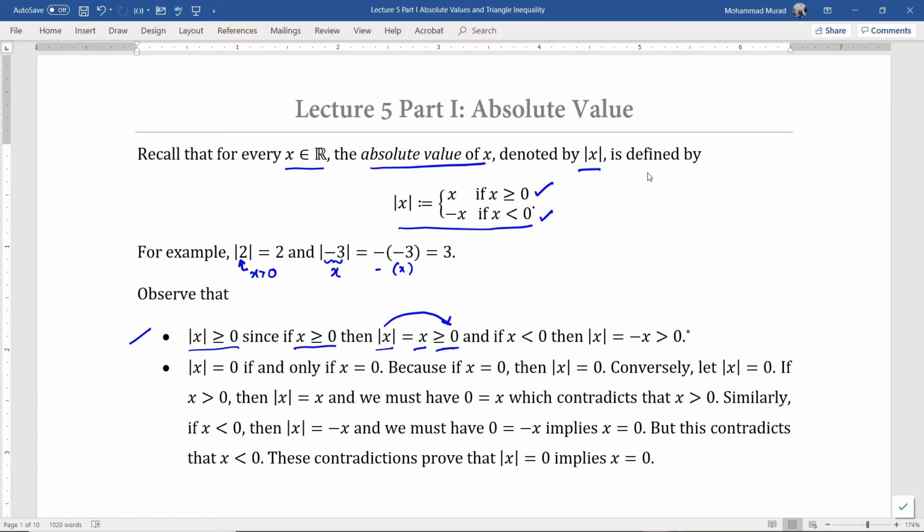And if x is itself a negative real number, then by definition absolute value of x equals negative x. But since x is negative, then negative x must be positive, following from the field property. So absolute value of x for a negative real number must be positive, just like this case. So in every case, the absolute value of any real number is a non-negative quantity.